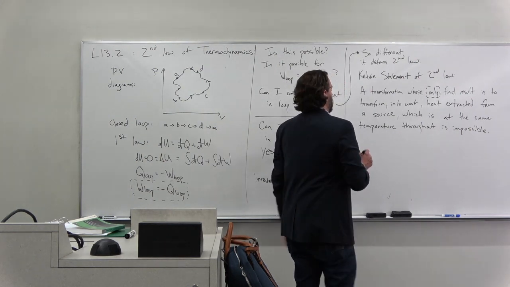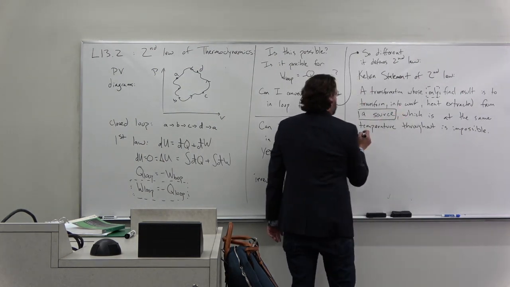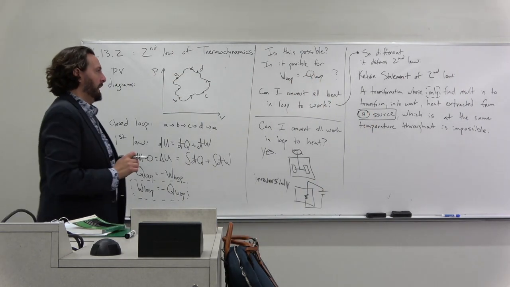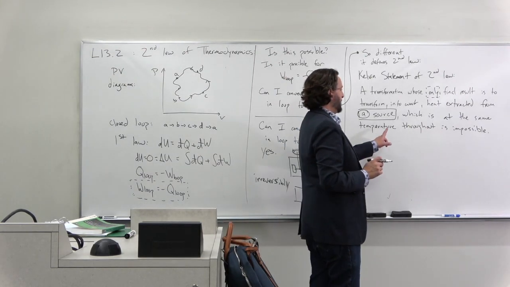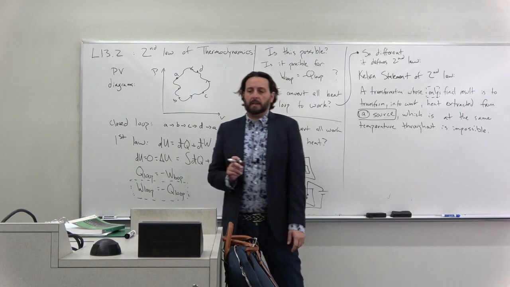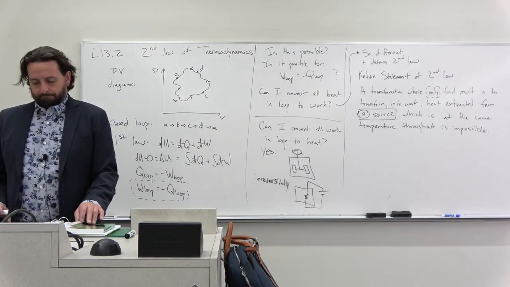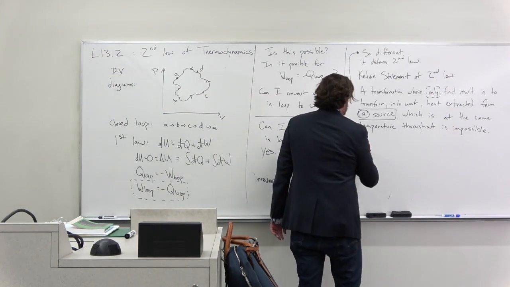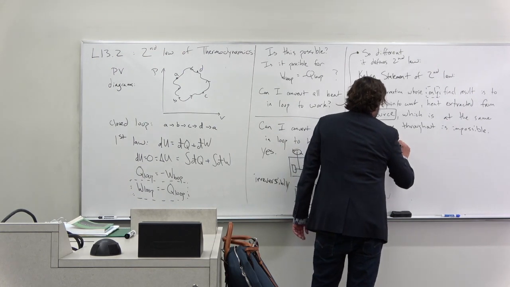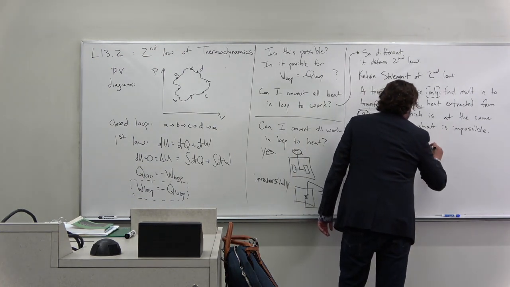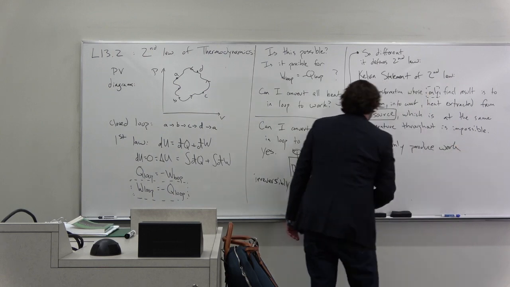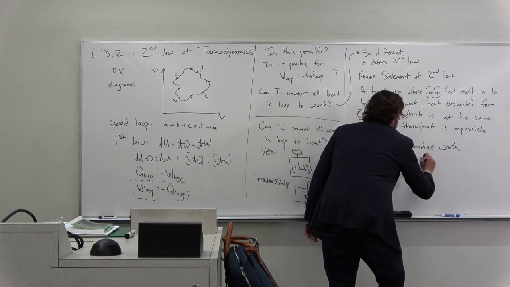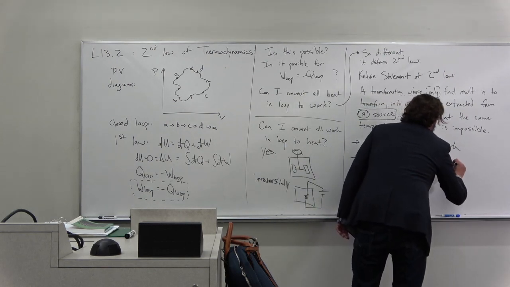And the other thing is the "a source", or really a single source. That is, we're going to need at least two sources of heat. So we can't only produce work, and we need at least two temperatures.